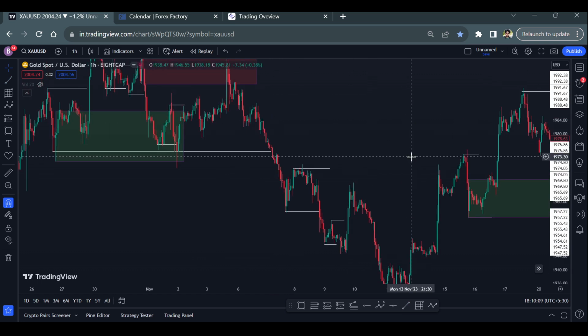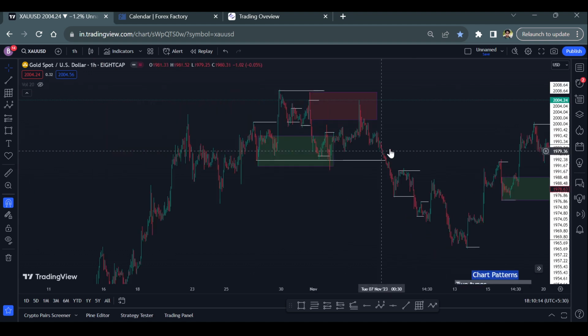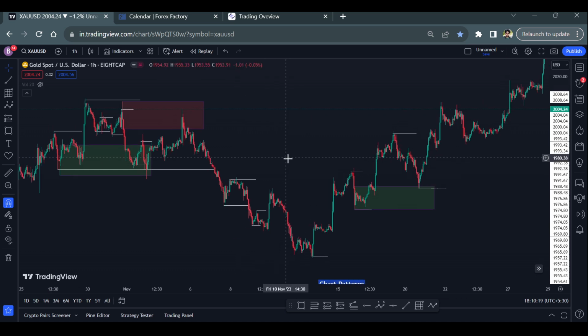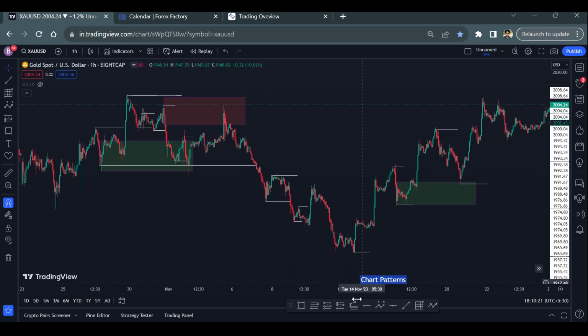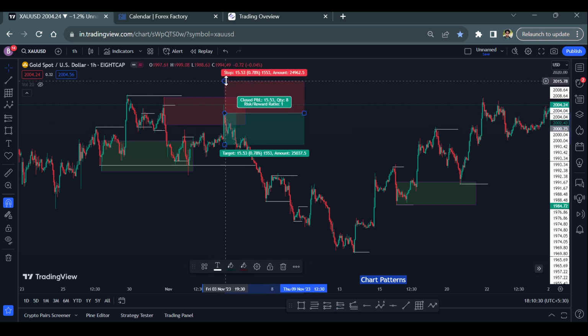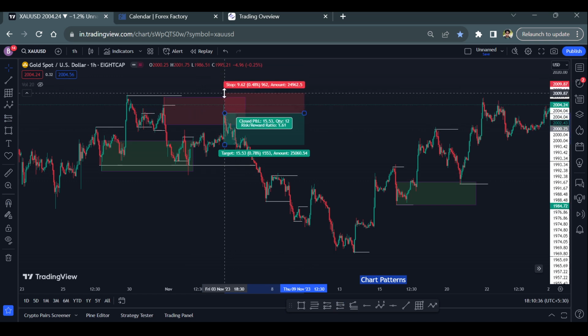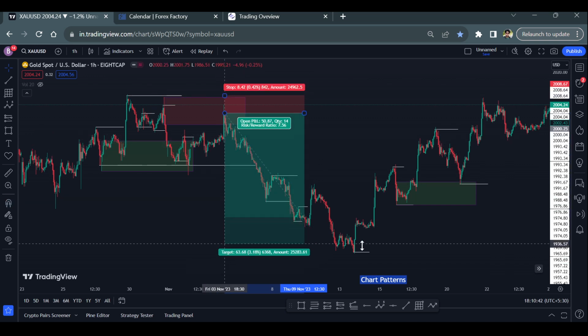Okay, so if anybody takes entry in lower time frame there, they have a good earning here. If you see here, they would have entered here, putting their stop loss. Let me put here the stop loss. They have all this earning.